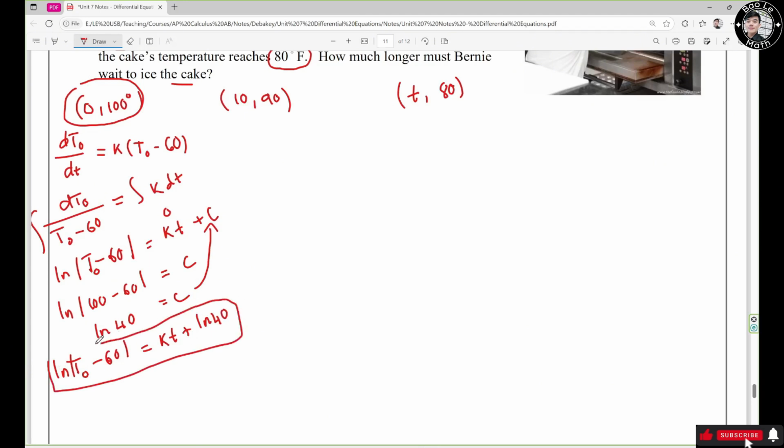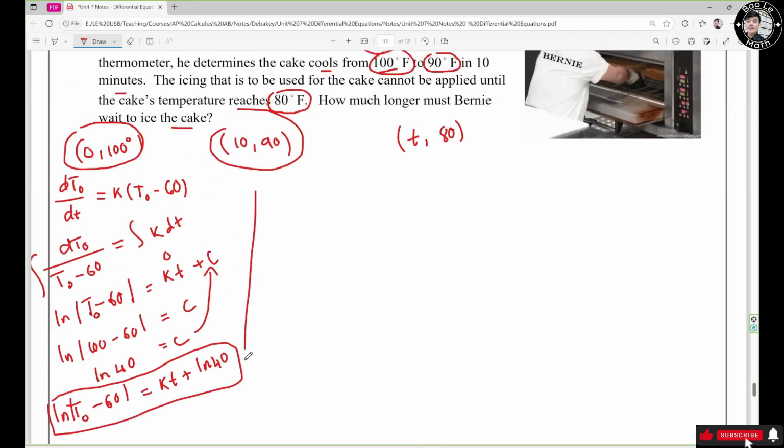Now I need to use the second order pair, which is 10, 90 right here, to solve for k. So at t equal 10, T0 equal 90. So I have natural log of absolute value of 90 subtract 60 equals 10k plus natural log of 40. So it could be natural log of 30 subtract natural log of 40 equals 10k.